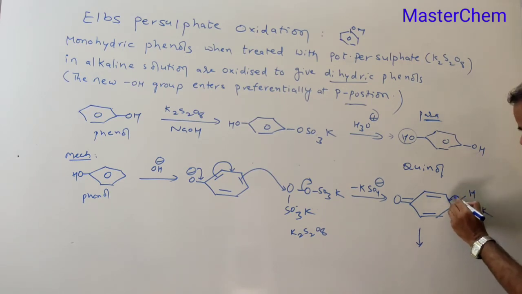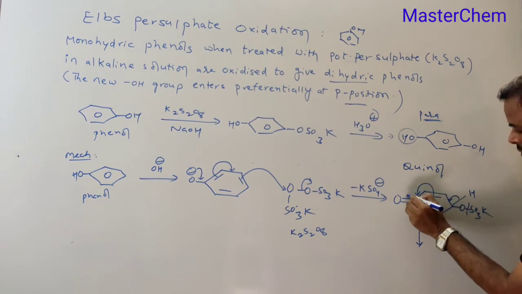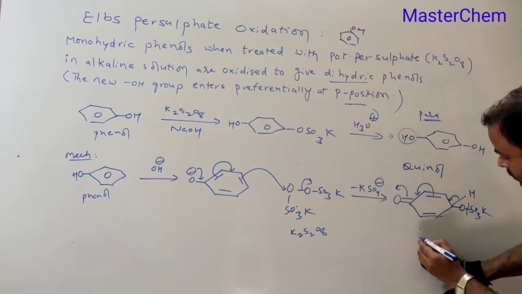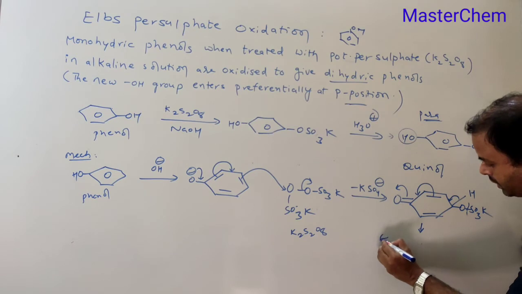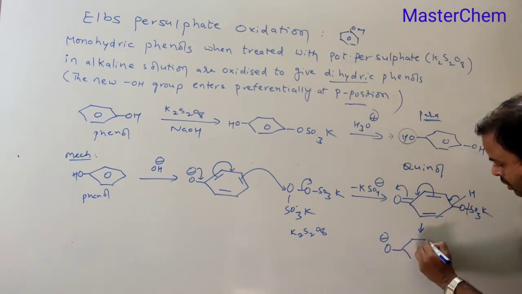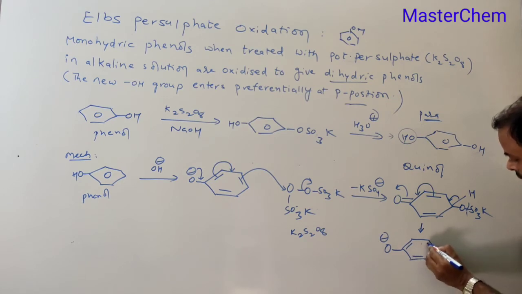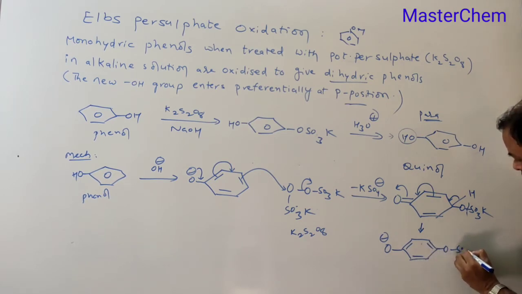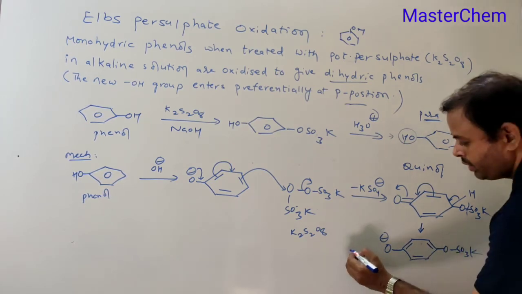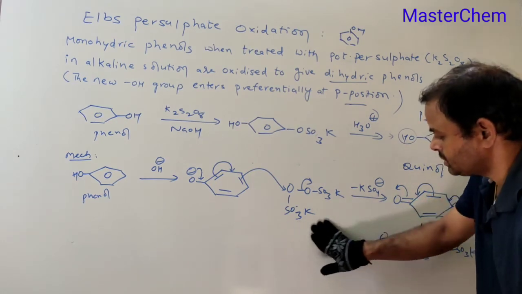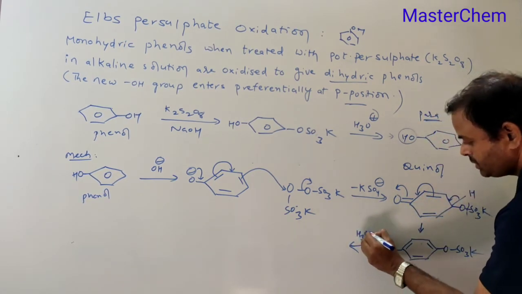So the delocalization takes place in this manner, and it gives O minus here, with OSO3K. Now hydrolysis takes place with H3O plus.